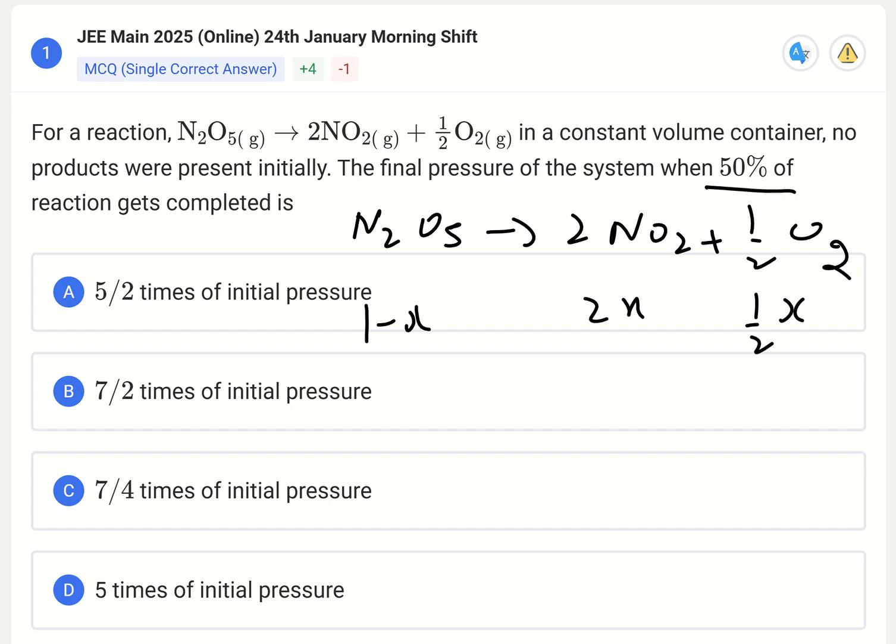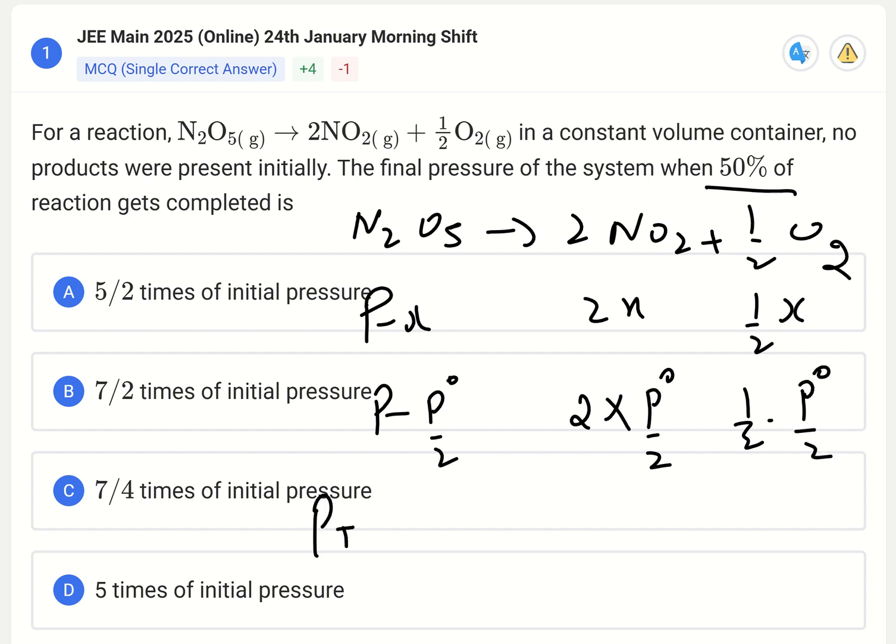Now if the reaction is 50% completed, and I take it as P, then it will be P naught minus P naught by 2, 2 into P naught by 2, and 1 by 2 into P naught by 2.